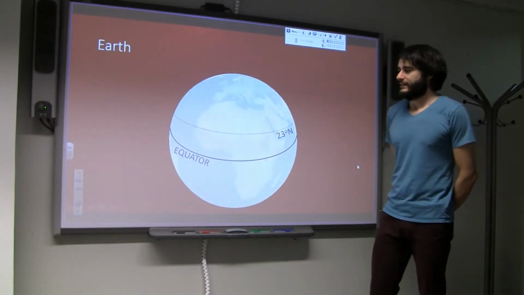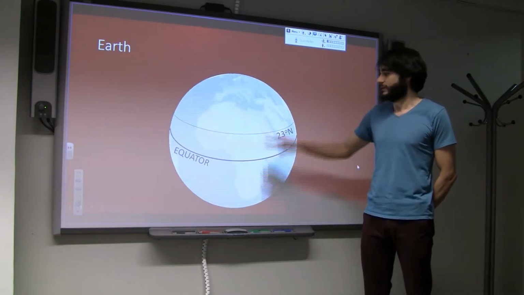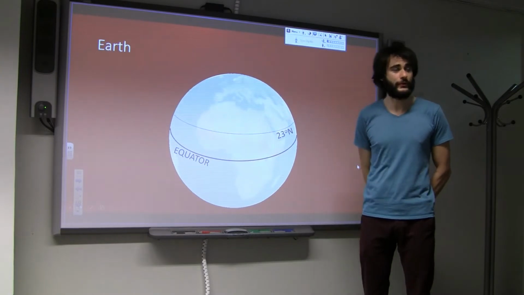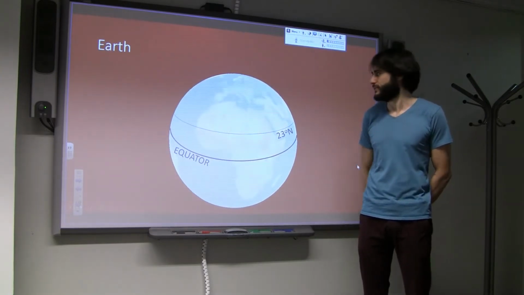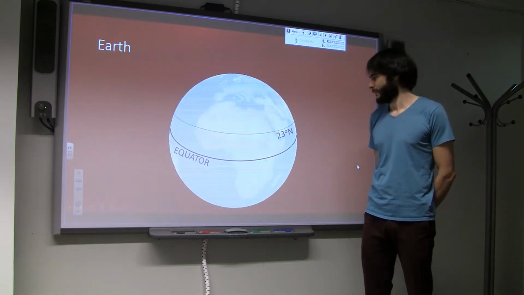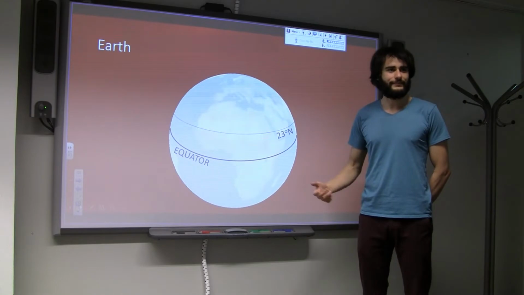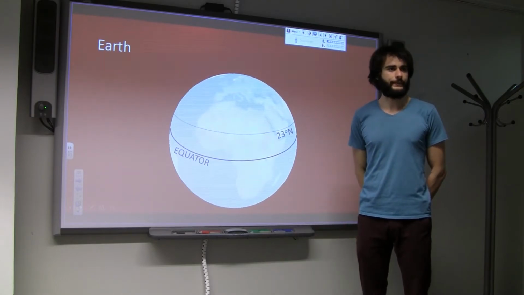Now this is another line parallel to the equator, somewhere in the northern hemisphere, right? So this is the North Pole somewhere here, South Pole somewhere there. I say these are lines, but they are circles, really.